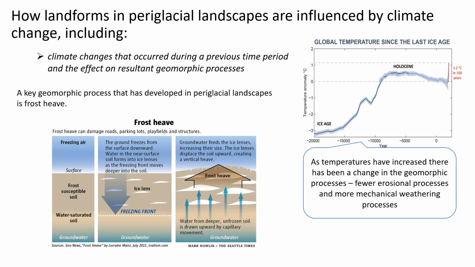So how are they going to be changing because of climate change? Well, climate change and the increase in temperatures will change some of the geomorphic processes that happen here too. One of the key geomorphic processes is frost heave, and the diagram shows us frost heave. That is effectively where water in the soil forms ice lenses, a bit like contact lenses in their shape, but they are ice, and they draw water to them.